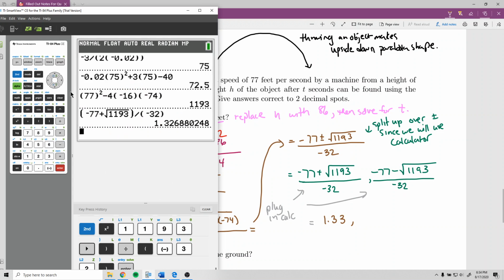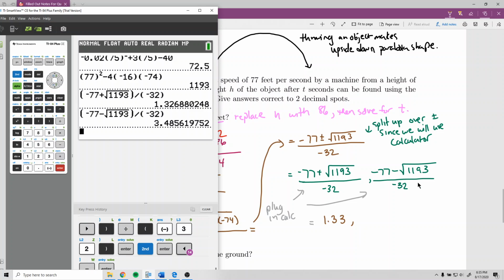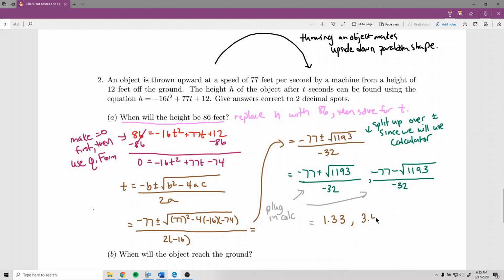And then for the second one, I'm going to use a little shortcut here, hit second and enter, because the only thing that changes is the plus to a minus. And we get 3.49. And it's okay to have two answers here. In fact, it should make a little bit of sense. It's asking, when will the height be 86 feet?